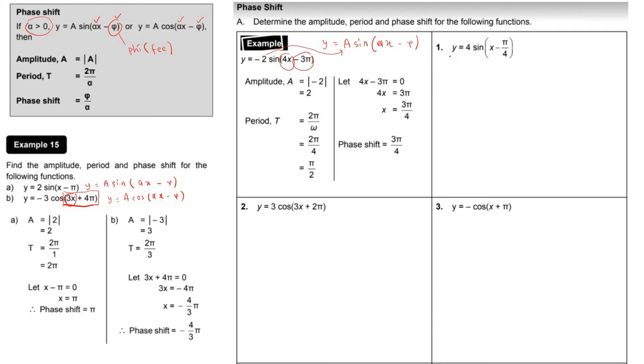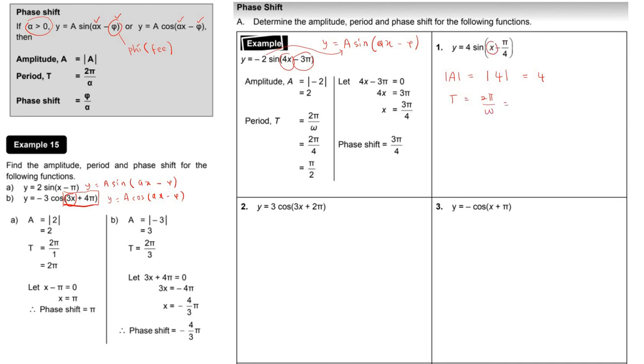Okay. Question number 1, y equals 4 sine x minus pi over 4. To find the amplitude, modulus 4. So amplitude equals 4. Okay, to find period is 2 pi over alpha or 2 pi over omega.